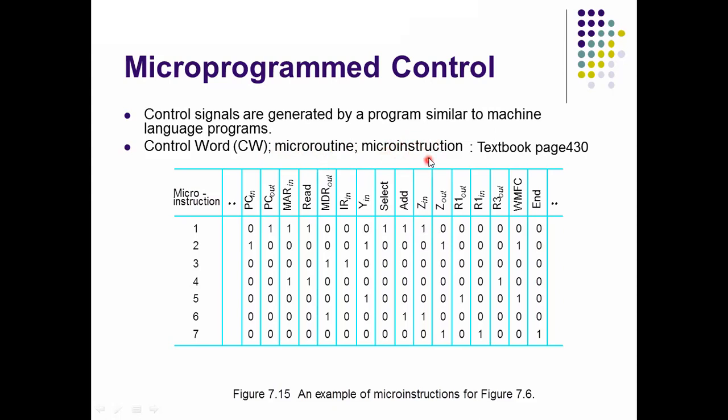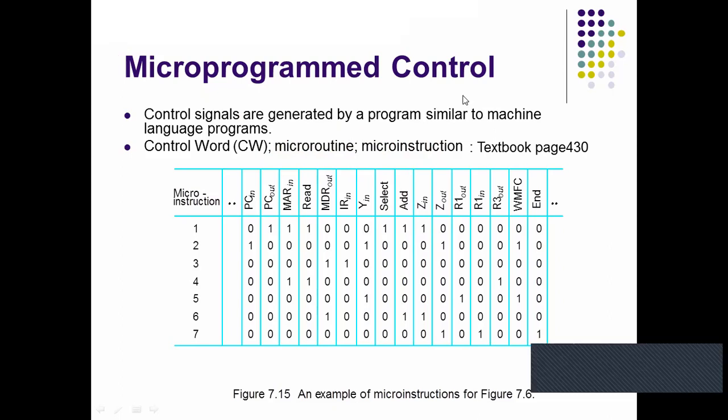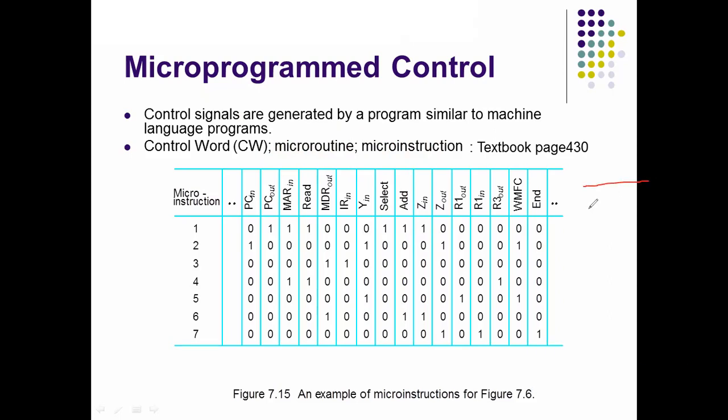Micro instruction means, if we are taking some number of instructions, that is a program, like instruction 1, instruction 2, instruction 3. So this single instruction will be divided into some micro instructions.